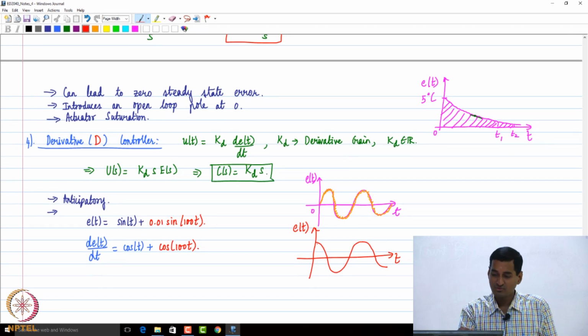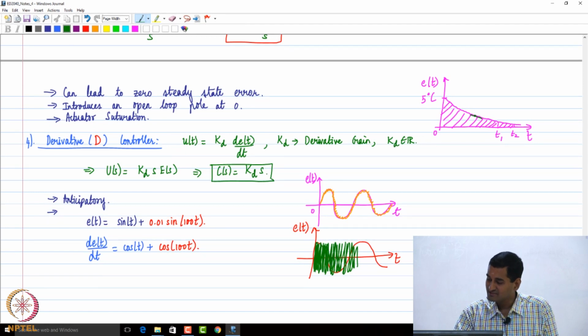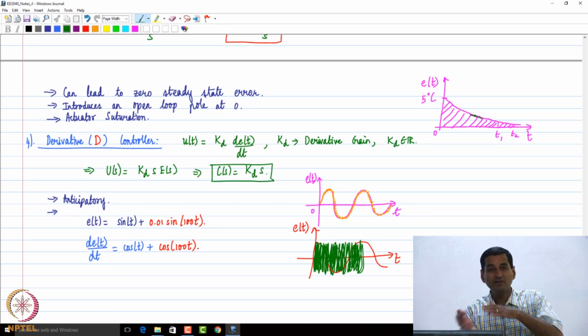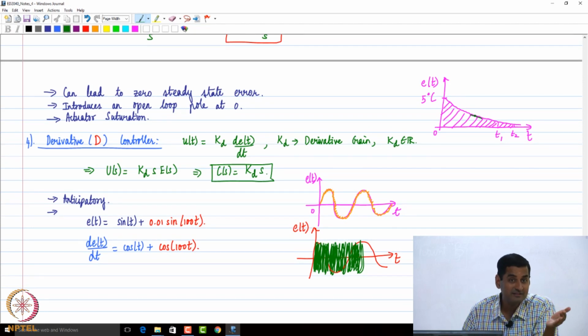Do you agree? So cos 100t is going to be like a band. I'm just drawing relative to this, but you get the point. It's just going to mask this signal. As a result, your controller is going to fluctuate very, very fast, which is not the intended result. That's due to the fact that the derivative controller may amplify high frequency, low magnitude noise.